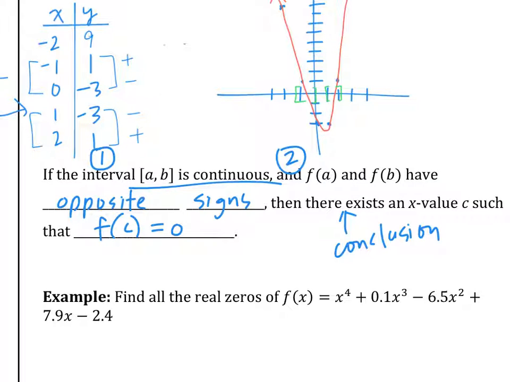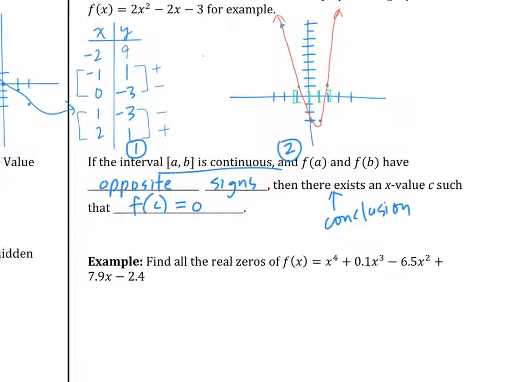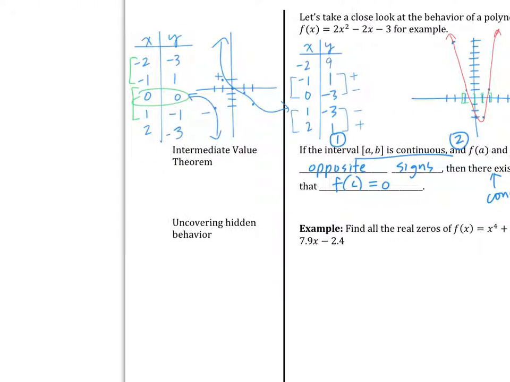Now the people on the right tell the people on the left what is the guaranteed result.